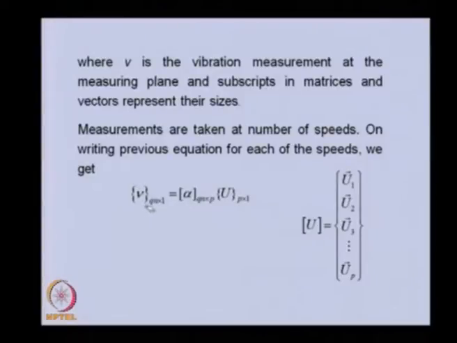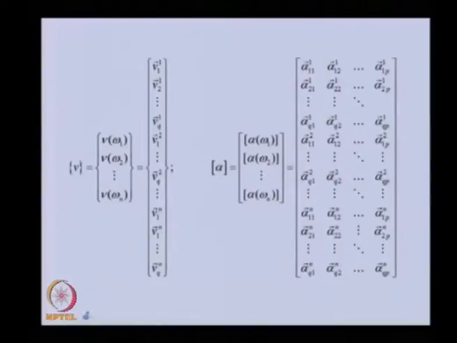Now this response is not a function of speed. Earlier also it was not a function of speed. The influence coefficient matrix, the size got changed. Now I will show the expanded form here. So this is the displacement vector corresponding to speed 1, with Q measuring planes.